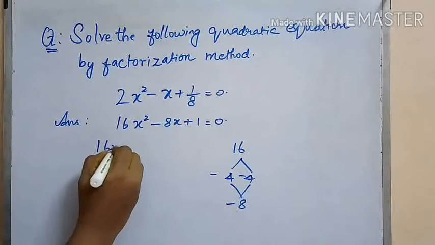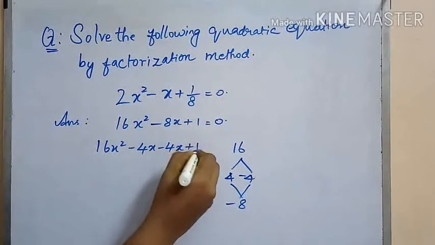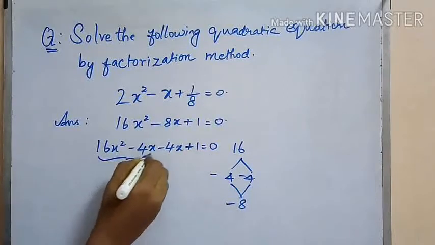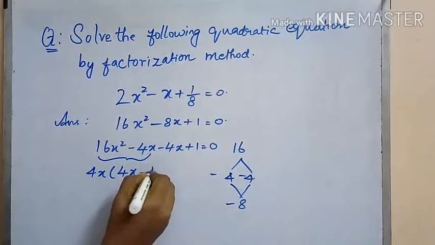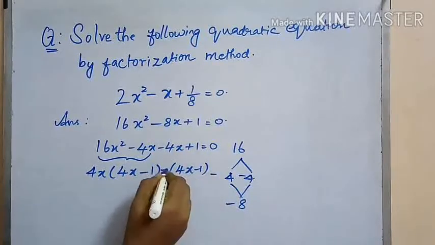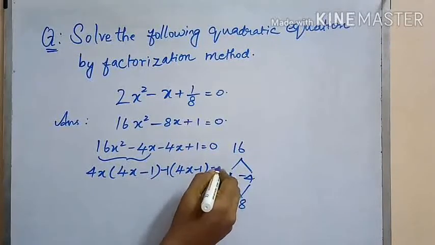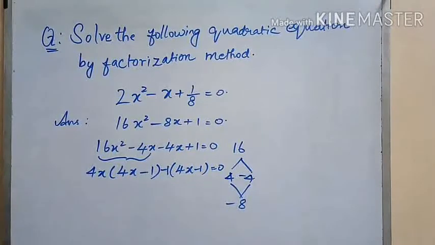So by grouping method, we get 16x squared minus 4x minus 4x plus 1 is equal to 0. Bringing out 4x as a common term in the first two terms, we get 4x into 4x minus 1 minus 1 into 4x minus 1 is equal to 0.